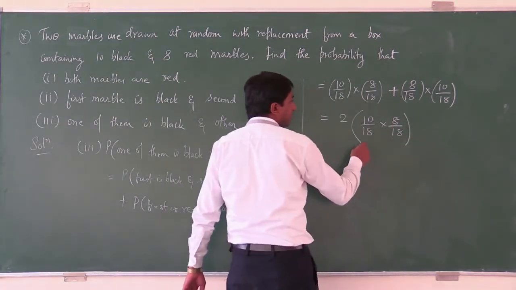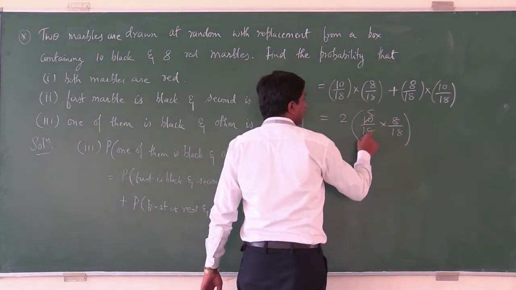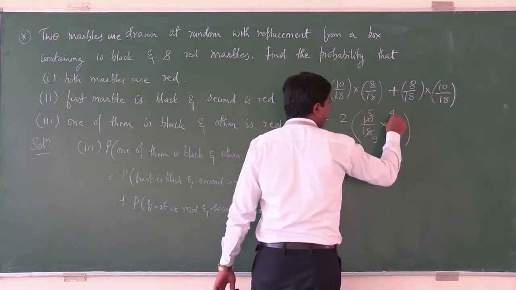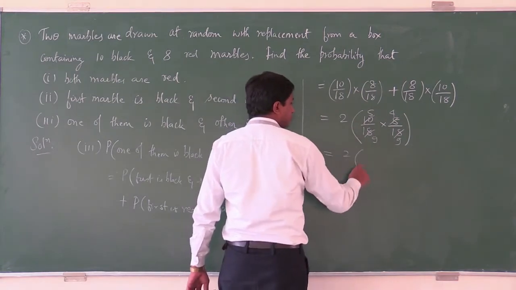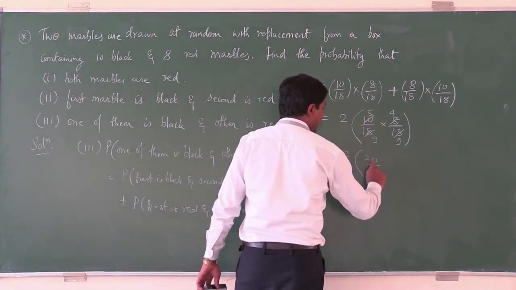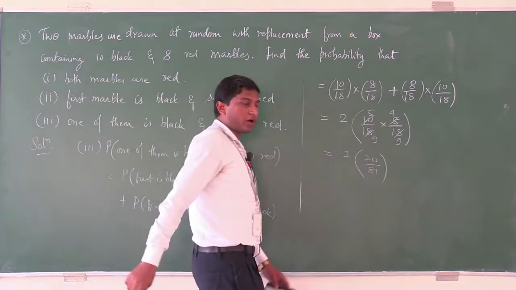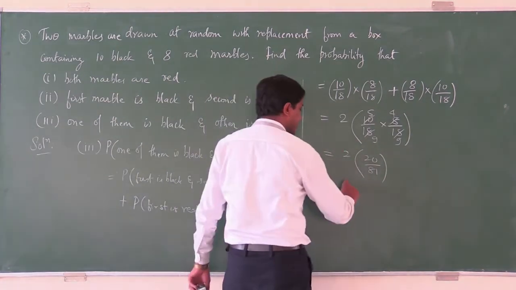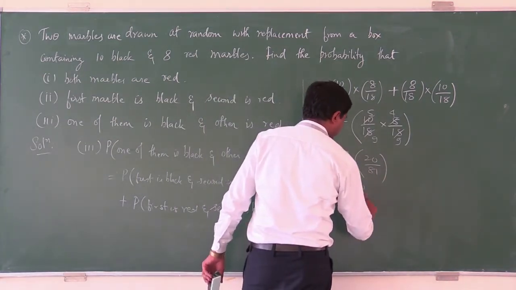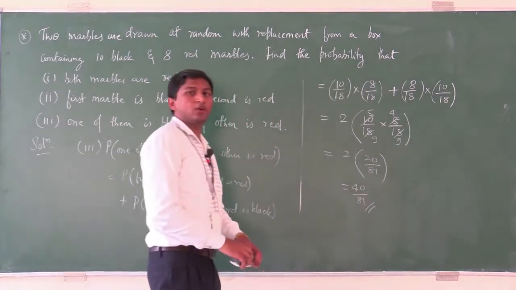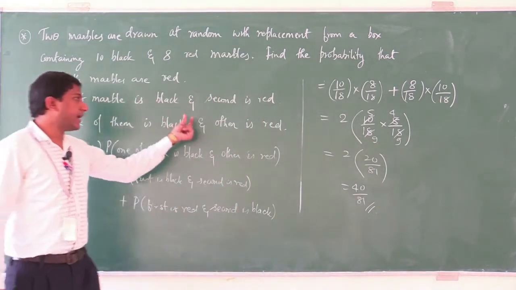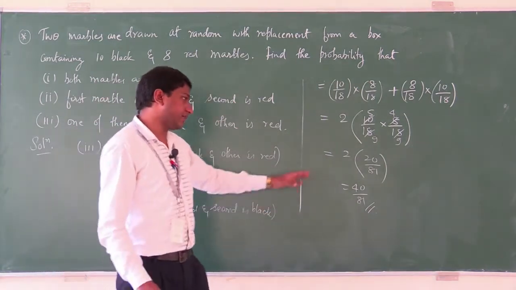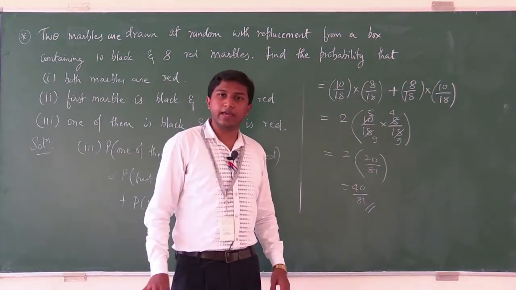On further simplification, 2 5s are, 2 9s are, 2 4s are, 2 9s are, this is nothing but 2 into 20 by 81. 2 into 20 gives us 40 by 81. So the probability of one of them being black and the other being red is 40 by 81.